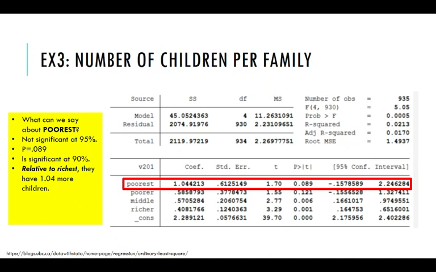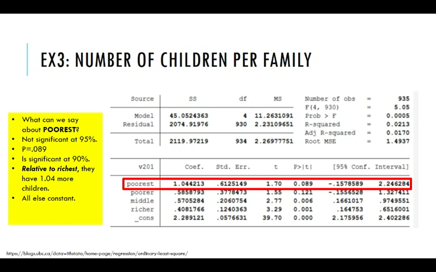So let's look at that again. So we know it's significant at the 90% level, which is not as strong as we want it to be. But with that level of confidence, we're saying that relative to the richest quintile, which is the part that is left out, right? That's the omitted category. Poorest families have 1.04 more children.